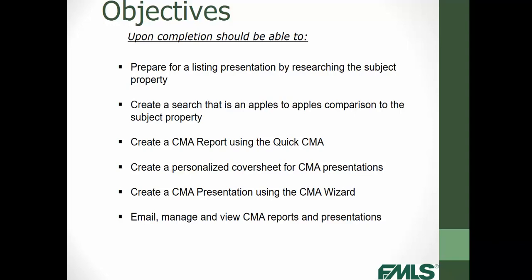We talked about creating the personalized cover sheet, both while I was showing you the CMA wizard and talking about your data just now a couple moments ago under the My Matrix, My Information screen on the CMA cover sheet tab. And then we talked about emailing, managing, which was going to My Matrix and then My CMAs, and we can open one up and edit it or email it, okay, along the way.